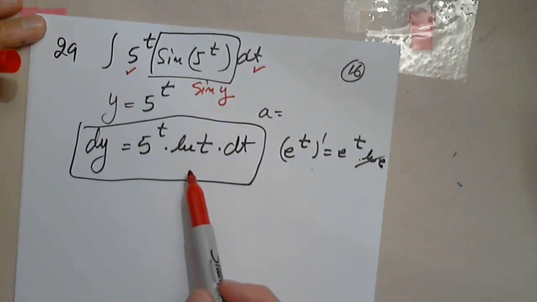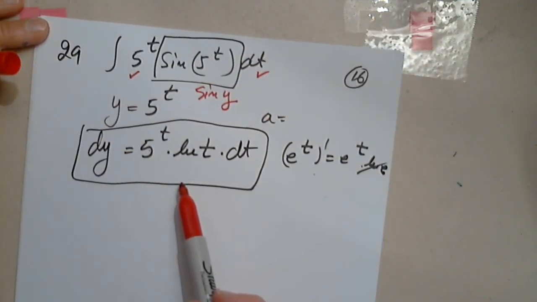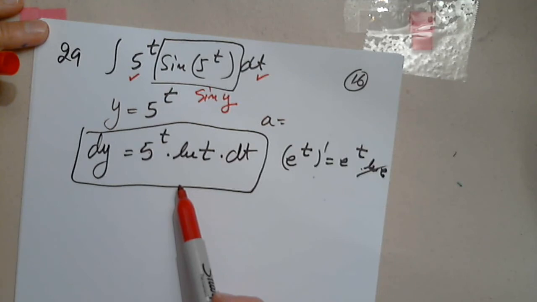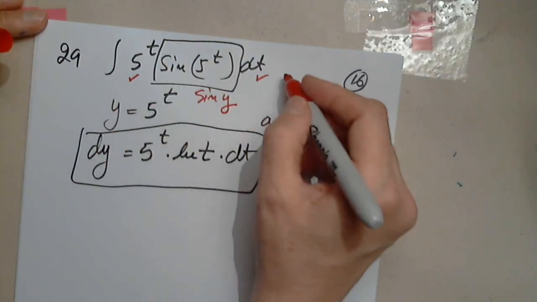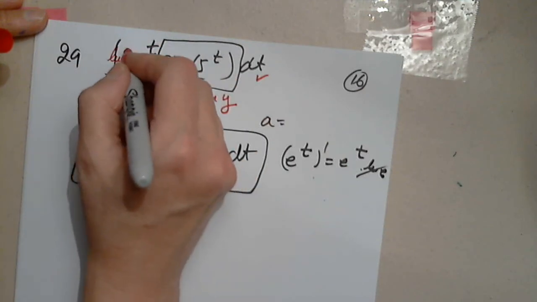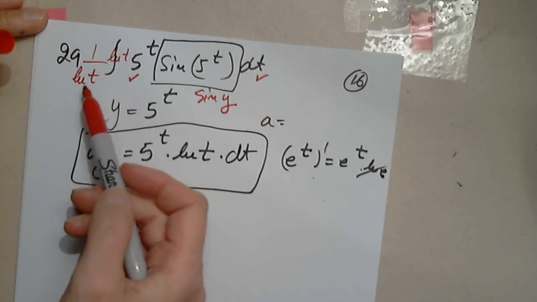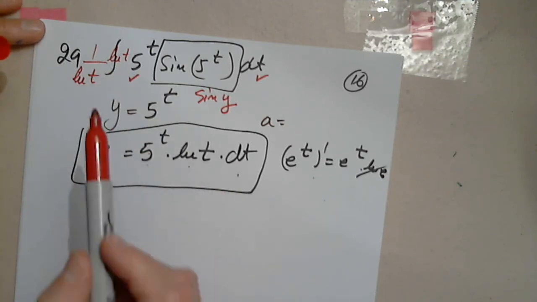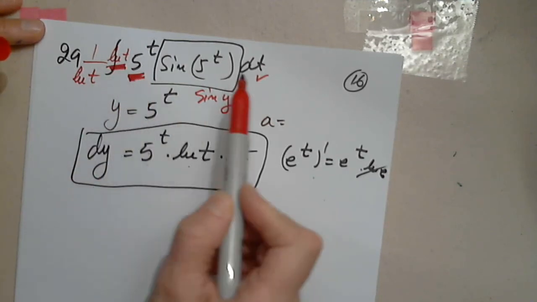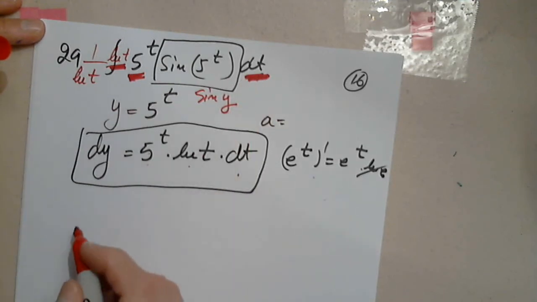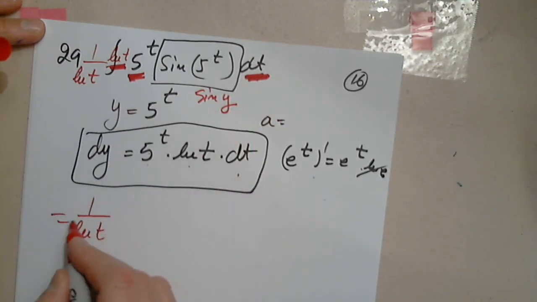What do I multiply and divide by to make it work? Natural log t. Right. So you can put it anywhere you want. So natural log t and 1 over natural log t in front, so this is 1. So 1 over natural log t stays in front.